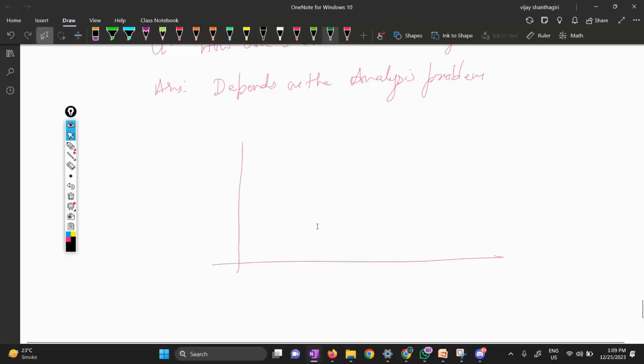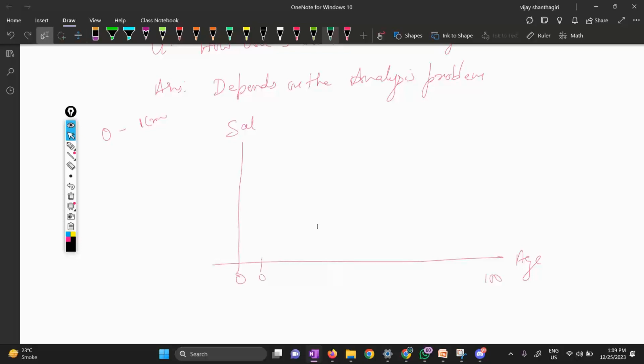I'll give an example. I want to map salary and age. Salary will range from 0 to 1 crore package. Age will range from 0 to 100 years.